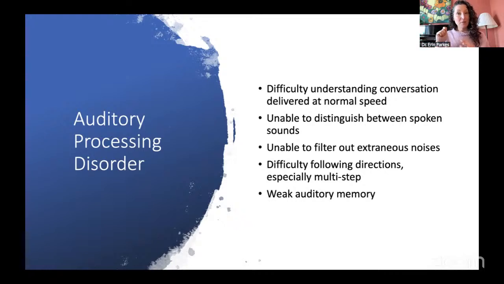So we're like, somebody is speaking to me, your brain automatically goes to focusing on that and filters out other things. For people with auditory processing disorder, that filtering doesn't necessarily happen. Difficulty following directions, especially multi-step, and weak auditory memory.